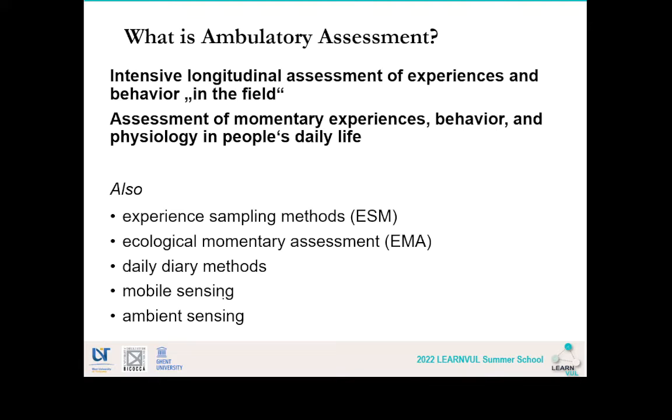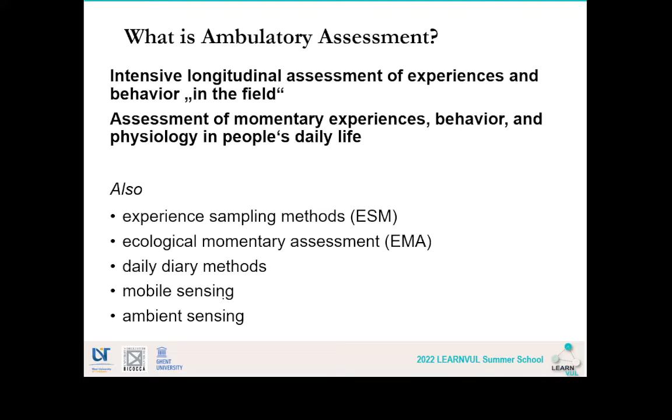Okay, so instead of having one data collection in the lab or online one time, you're going to have multiple assessments per day, or in the month, or in the week. And you can assess many different things.